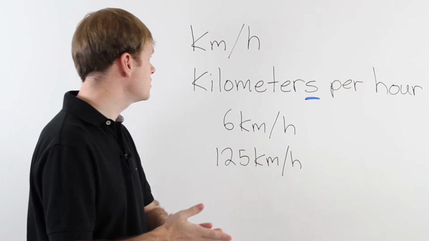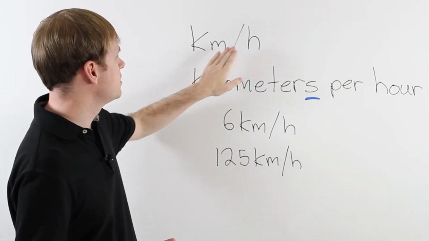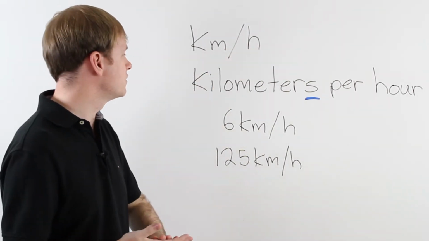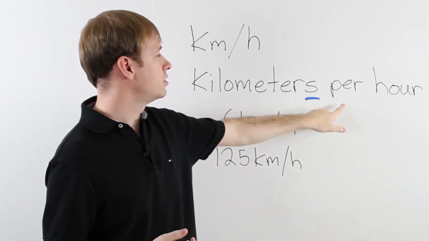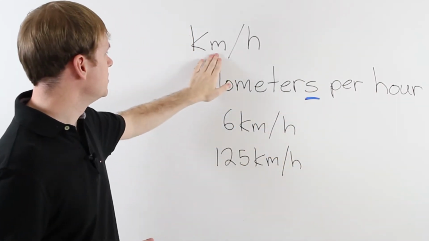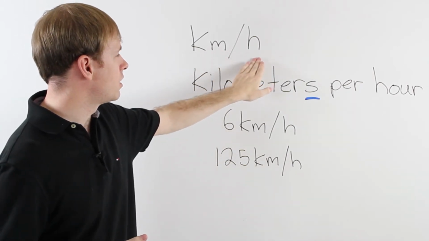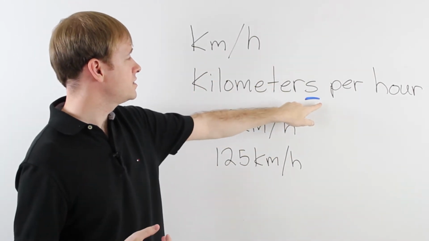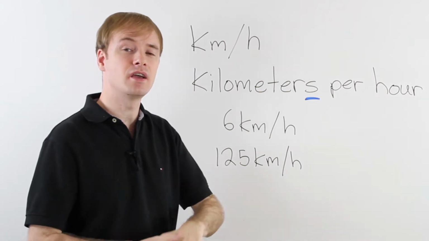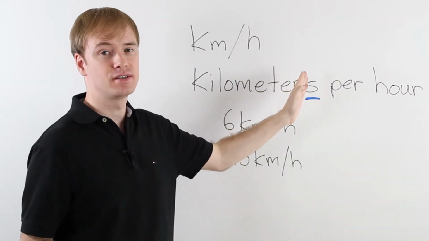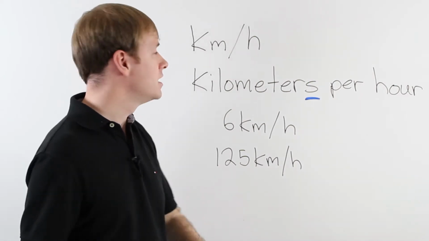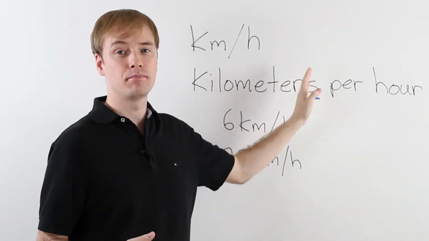All right, so I'm just going to focus on kmh. And kmh, of course, is kilometers per hour. Notice I emphasize the S. You always have to express the S. Kilometers per hour.